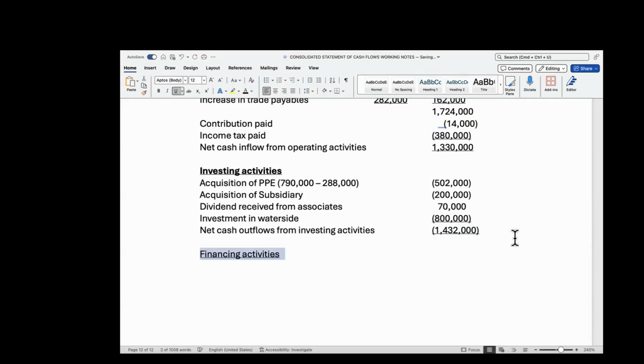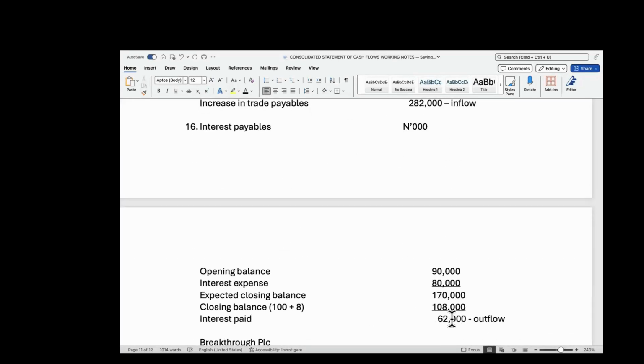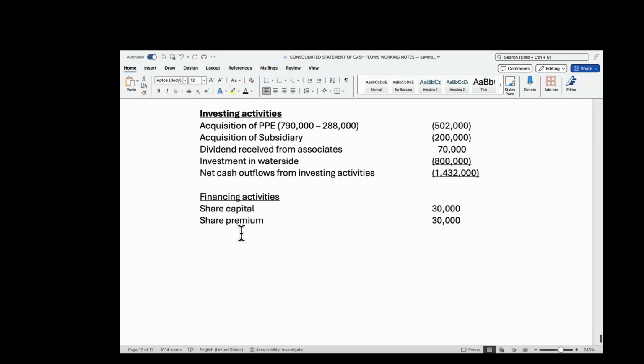So financing, we already did our share capital, I think was 30,000. Share premium, 2,000. Then there was interest paid of 62.